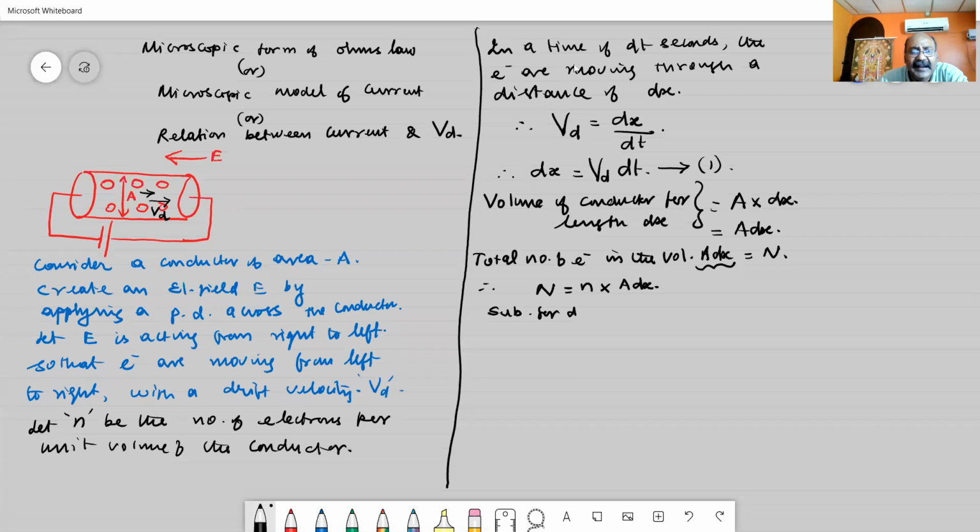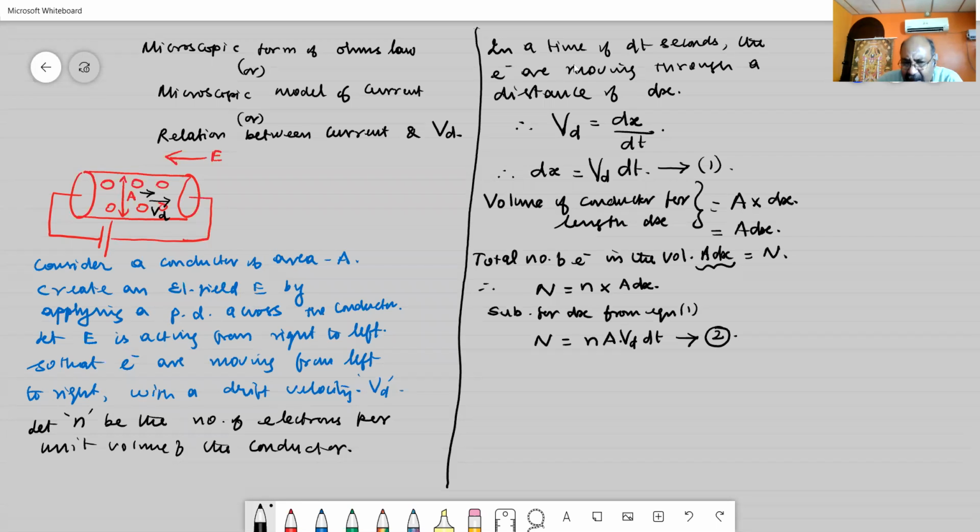Substituting for dx from equation 1, what you can get? The number of electrons in that volume is small n into A into, instead of dx, I can write V suffix d into dt. Take this as equation number 2.